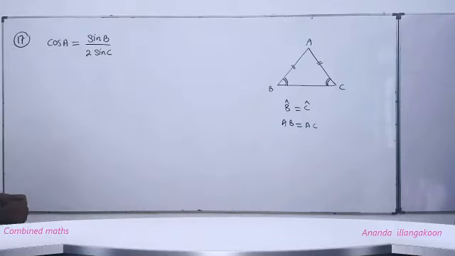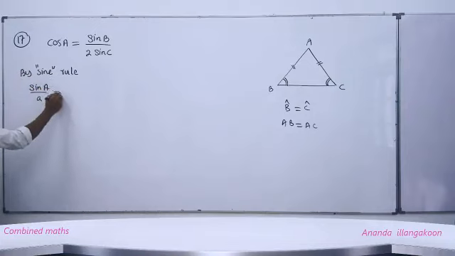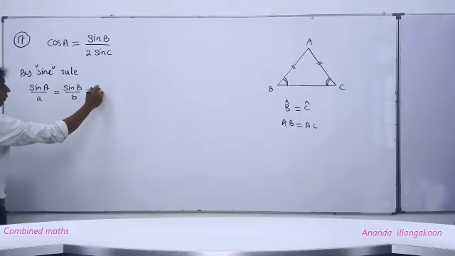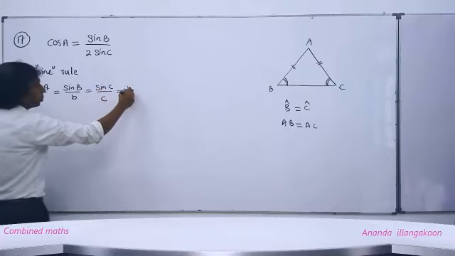We can write this here, people. By sine rule, we can write sine A by A equals sine B by B equals sine C by C. This is equal to K, no? That's how we take.